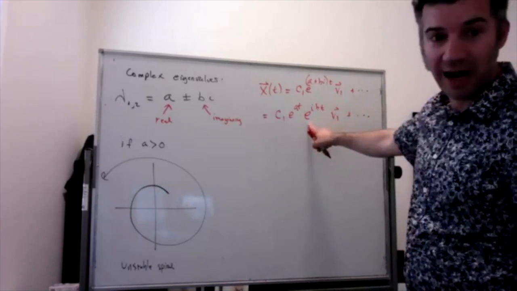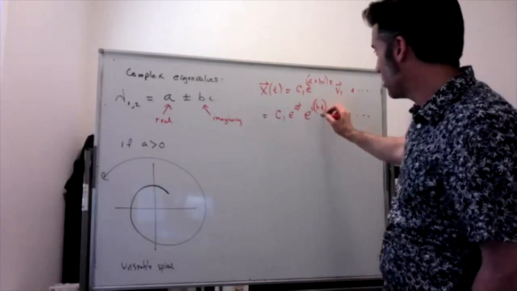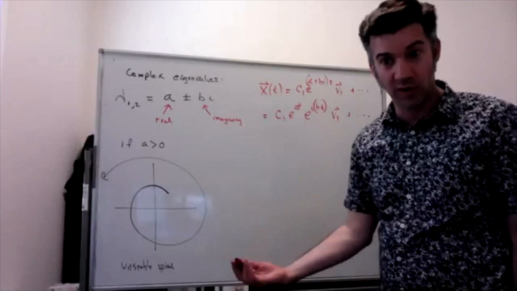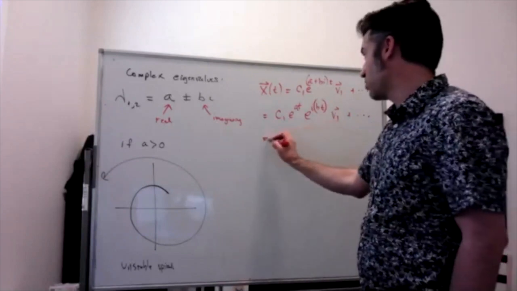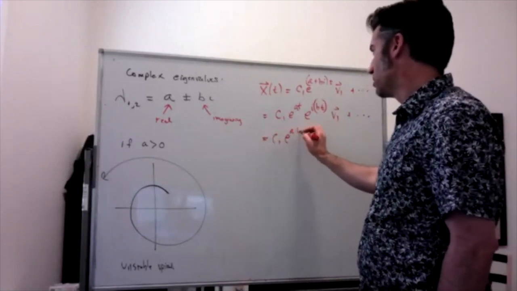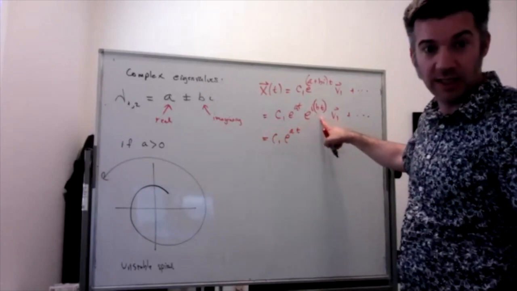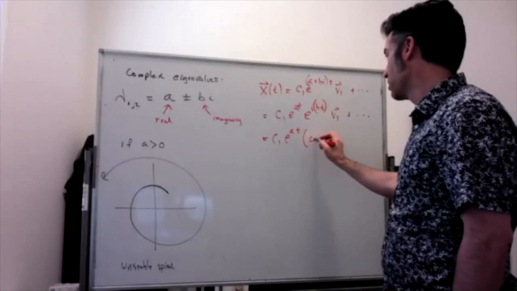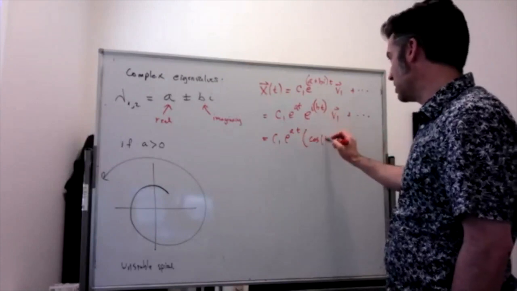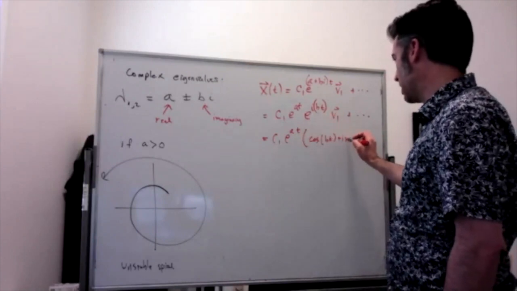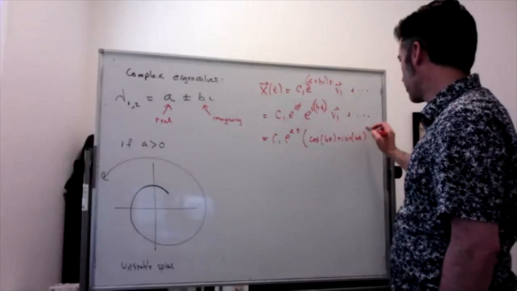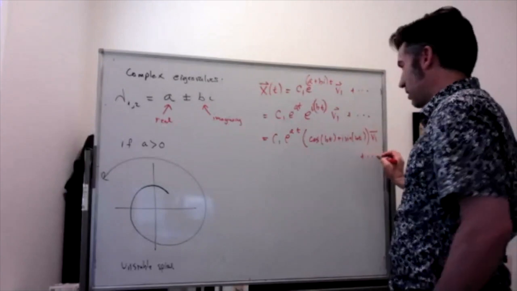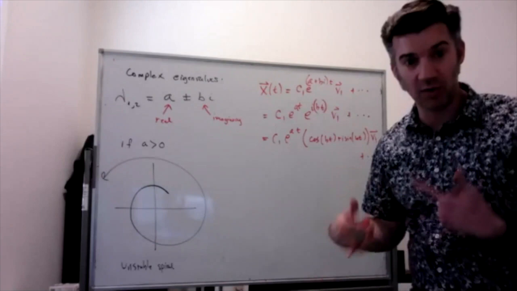But e to the i times a number, that's the whole Euler's formula thing, where e to the i times something is cosine of that something plus i times sine of that something. Cosine of bt plus i sine of bt, times v1, plus that, that.